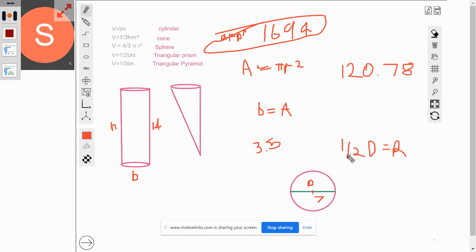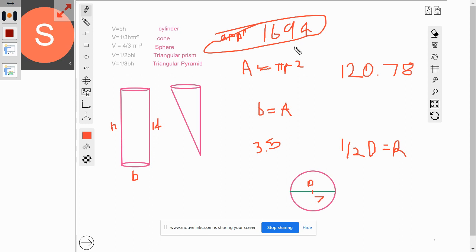And so let's just say the diameter is the same. So that's 7, and the height is 14. So if we have the same dimensions, since a cone would be 1/3 of a cylinder, we simply divide this number by 3.